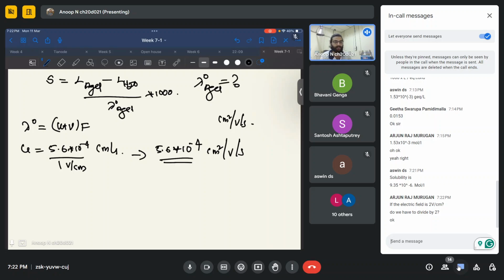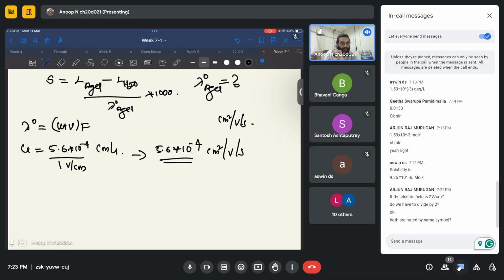So you remember how we derived the equation for this one. Initially, we have something like K into U plus V. Both are noted by the same symbol. Yeah, that is fine. So I just wrote U as velocity in that term. I don't know whether we can use another notation, but this is fine. So I just use U in the correct unit.